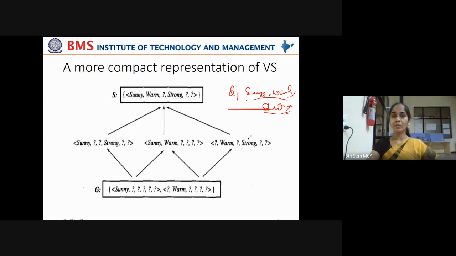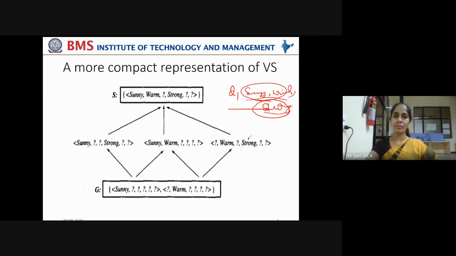But remember, while removing, you should see that it doesn't cover any of the other training examples encountered so far by the machine. Now if that hypothesis doesn't apply to this data, no problem. But if a hypothesis doesn't apply to any of the previous examples and this example also, then you have to remove it from the version space.